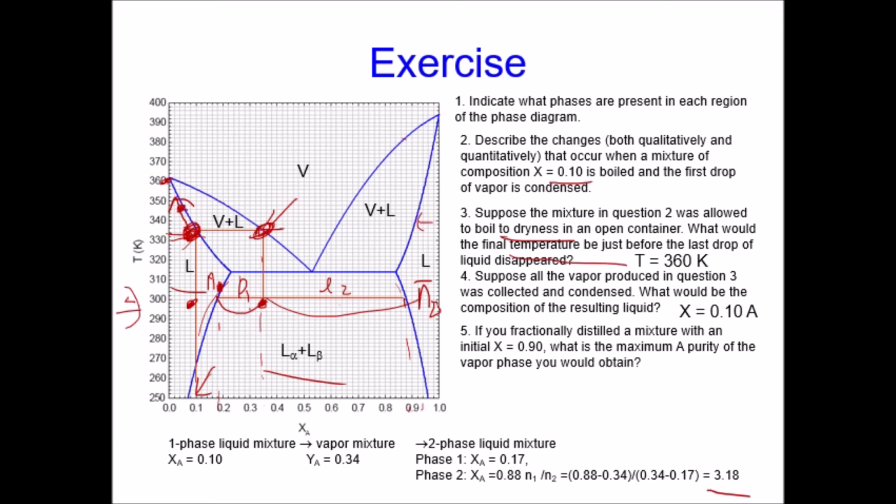Next question: if you fractionally distill a mixture with an initial composition 0.9, so 0.9 is here, and when you heat it, this is the point where it vaporizes, and for the vapor phase you draw the teal line, and then you let it cool. But because we have an azeotrope, as we learned, the maximum concentration you can get at the top of the distillation tower should equal the concentration of the azeotrope, and so the answer is 0.53.